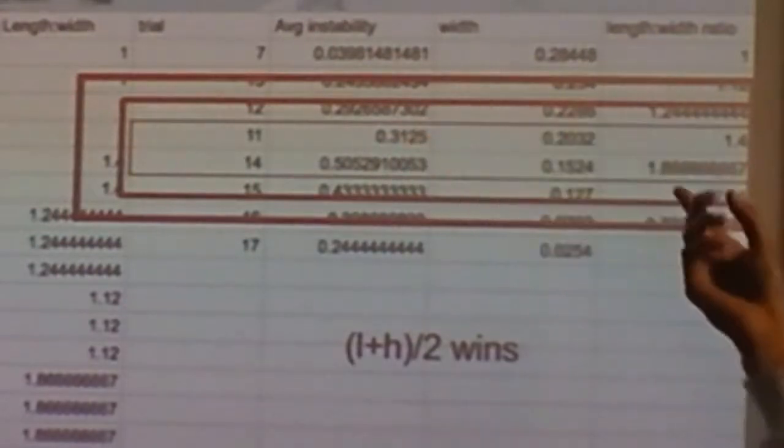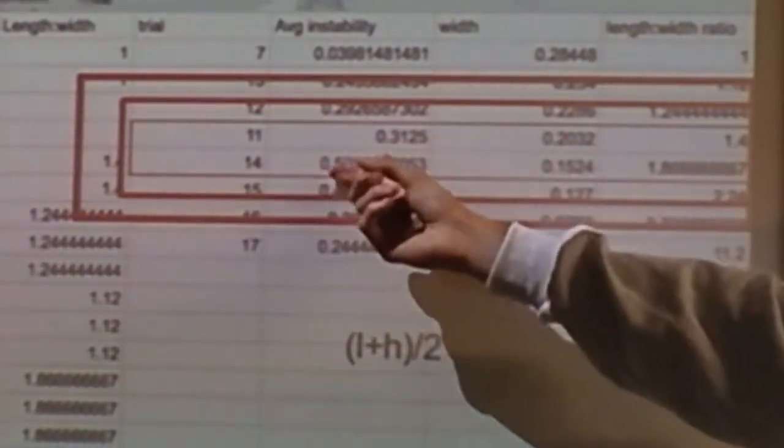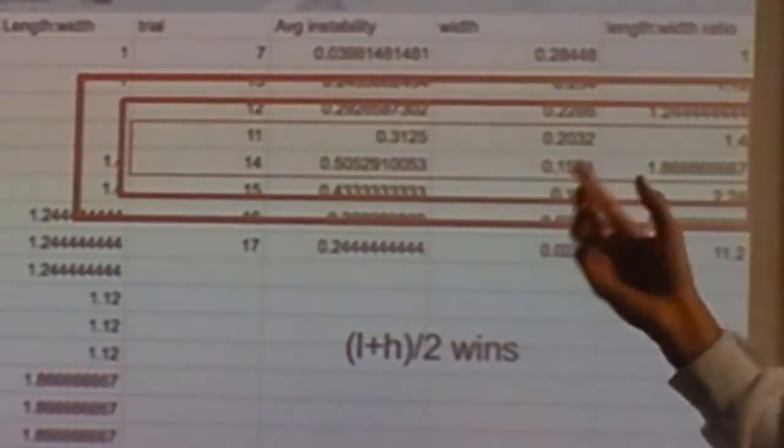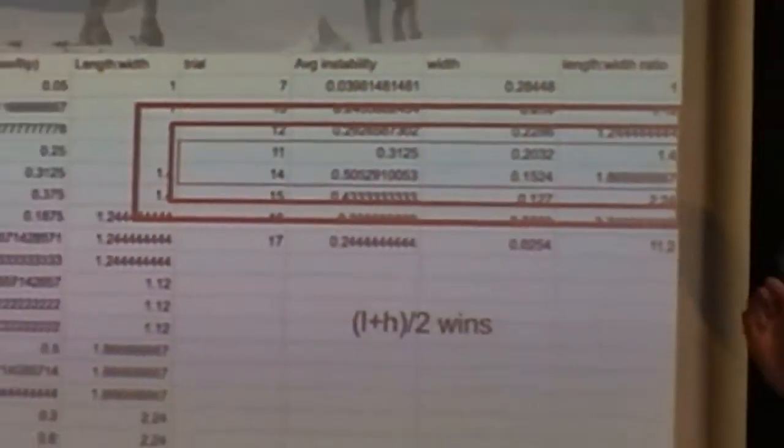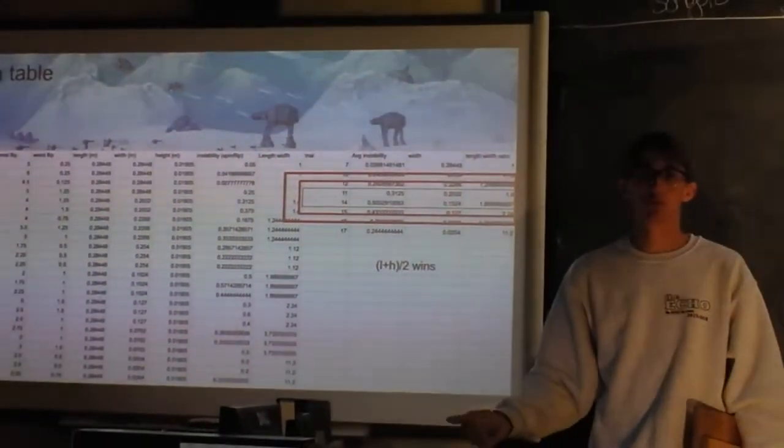And then 0.505 average instability was when the width was an average of the length and height. From that, we can conclude that our data supports the theory that when the width is an average of the length and the height, then the wood is least stable.